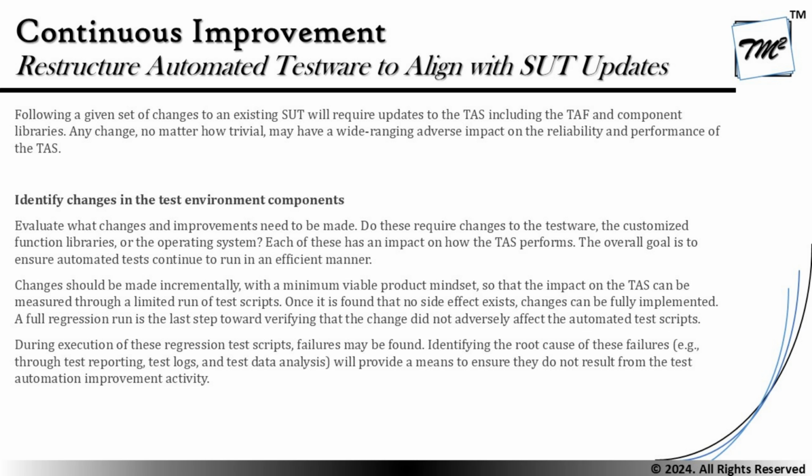However, we talk about the testware which is coming from the SUT, the customized function library, and the operating system itself. We should not misunderstand that our task solution is a collection of multiple tools, and at the same time, their efficiency is totally dependent on the environment factors on which it is running. And if these environments have any kind of updates happening, our tasks would be directly affected. But this effect can be in terms of efficiency improvement, or sometimes it can be degrading as well.